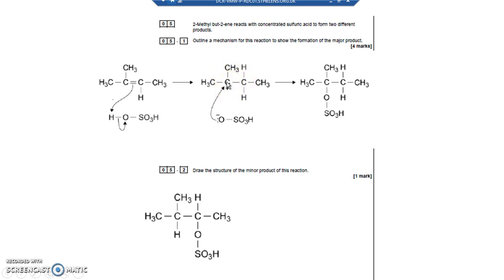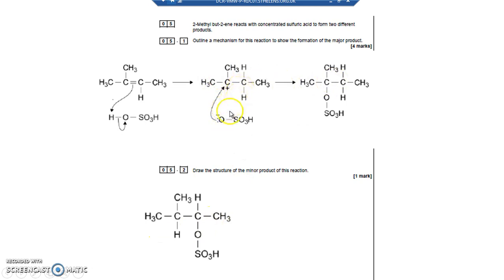So tertiary carbocations are the most stable forms of carbocations. Next most stable are secondary, and the least stable are primary. So the fact that this has formed a tertiary carbocation with three carbons bonded to the C+ makes this very stable and makes this the major product, the reaction that's most likely to go ahead. If something's stable, then it's more likely to go ahead.